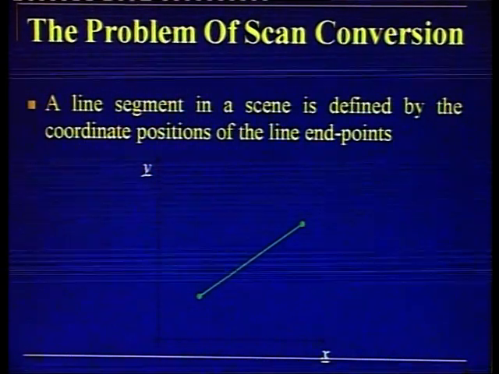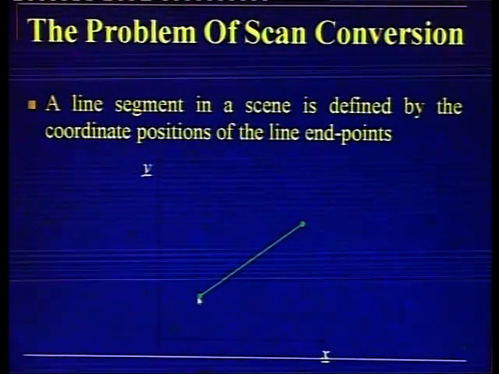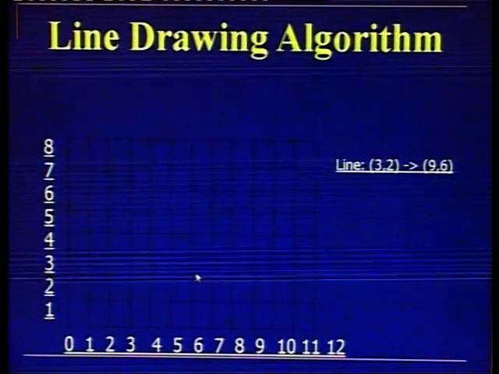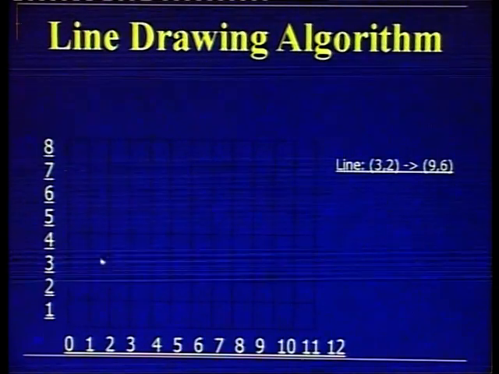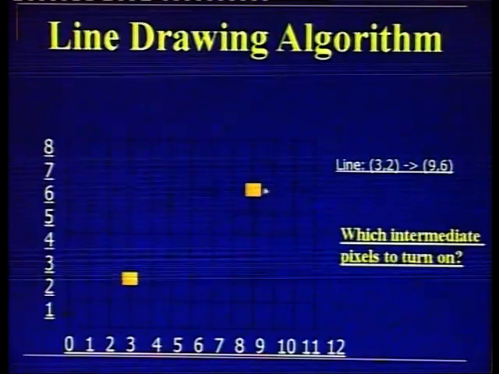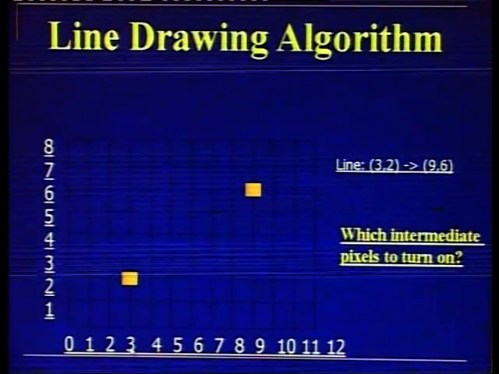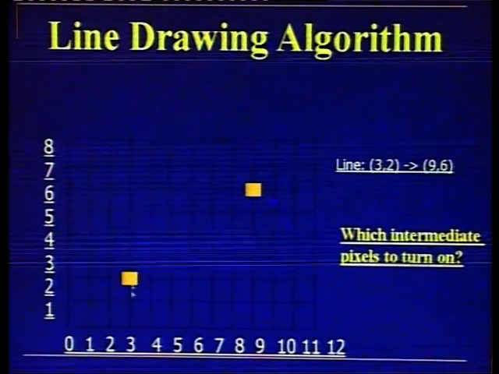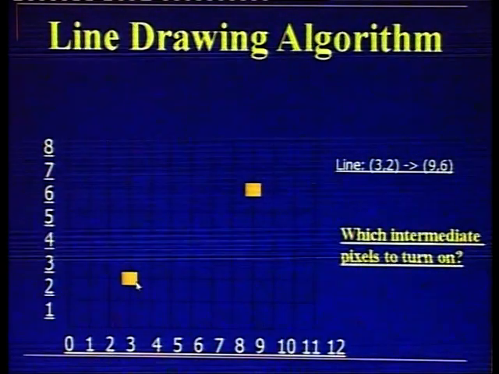The line segment in a scene is defined by the coordinate positions of the line endpoints. This is the first point, this is the second point. There is a line for which the two endpoints are given here. The first endpoint, the first starting point, is 3 comma 2. 3 is the x coordinate value and 2 is the y coordinate value.